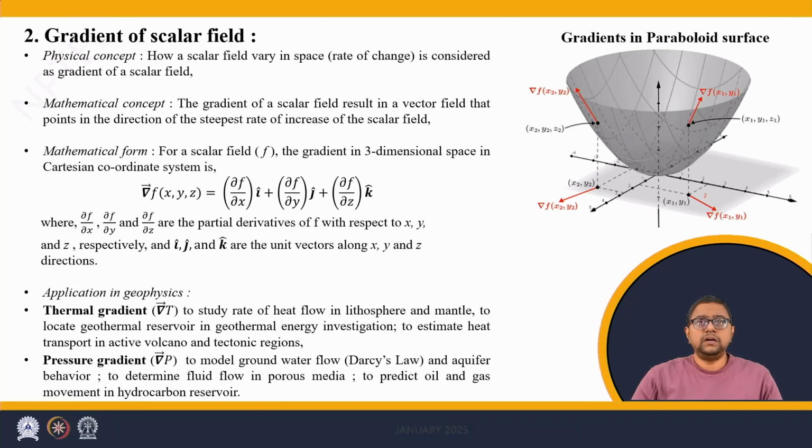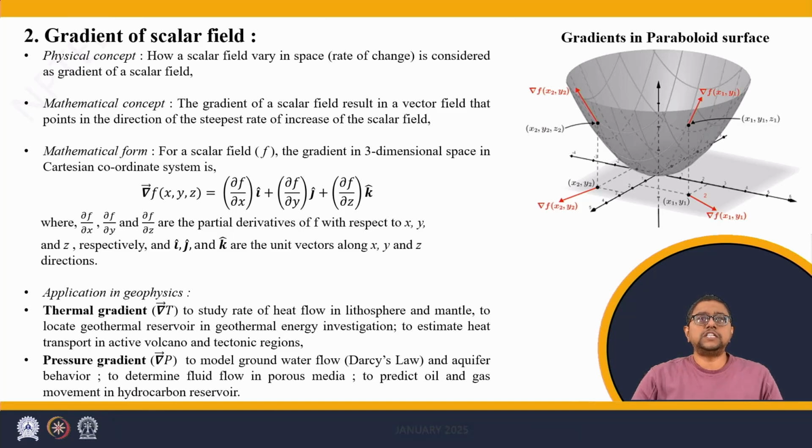For example, in transfer of heat energy, the temperature is not as important as the gradient of temperature, because the gradient of temperature is the one which drives the heat transfer. Similarly, in fluid flows, it is the gradient of pressure which forces the fluid to flow. Thus, it is very important to understand the concept of the gradient of a scalar field.